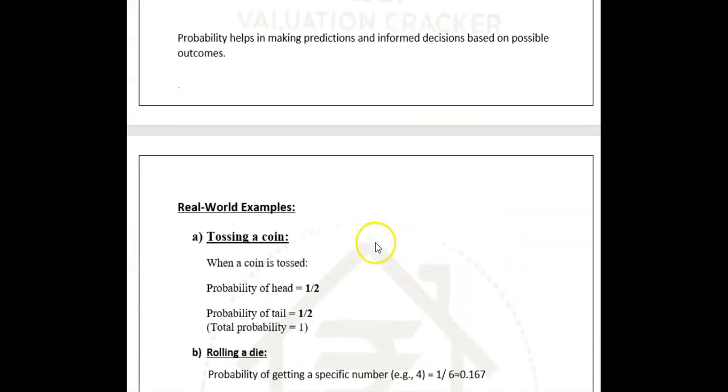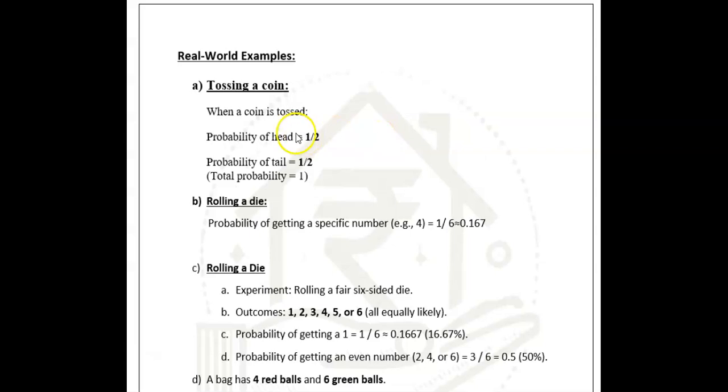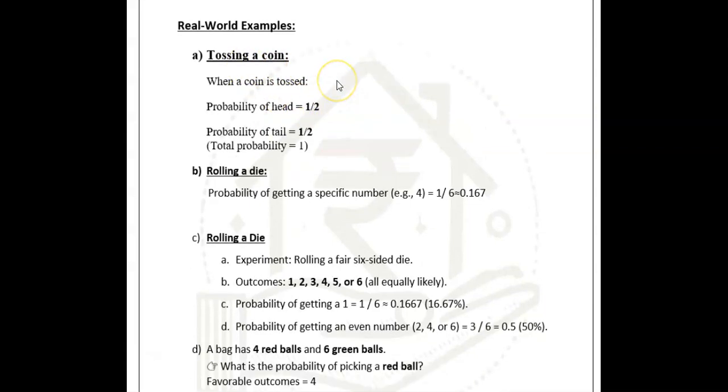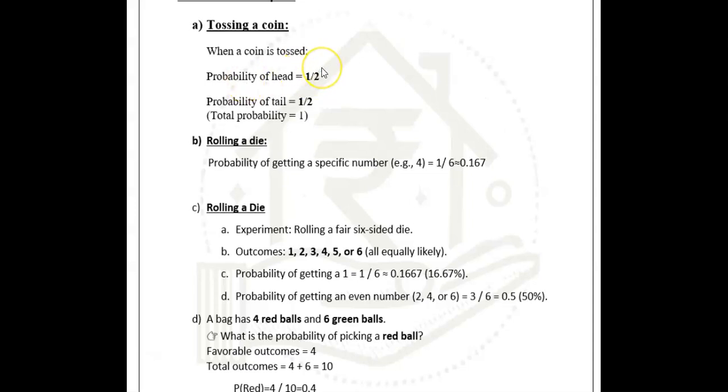Now, real world examples in probability. You are tossing a coin. When a coin is tossed, the probability of head is 1 by 2. What is the formula? Favorable events over total outcomes. In a coin, the total outcomes are 2 only.